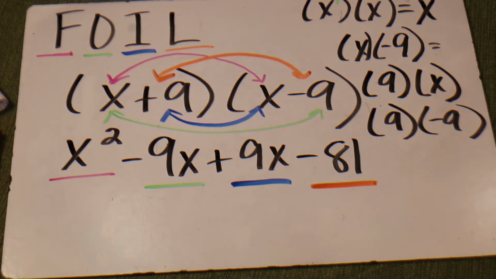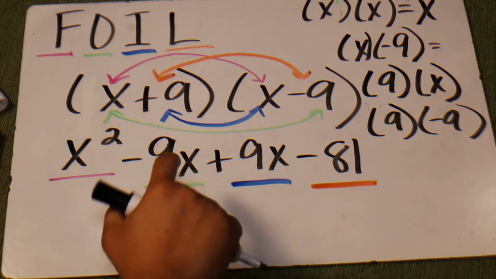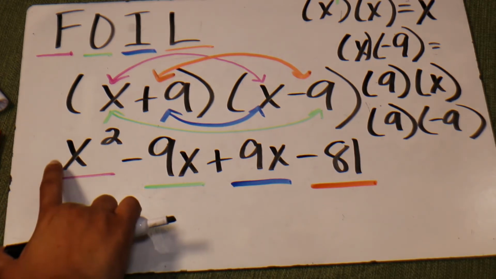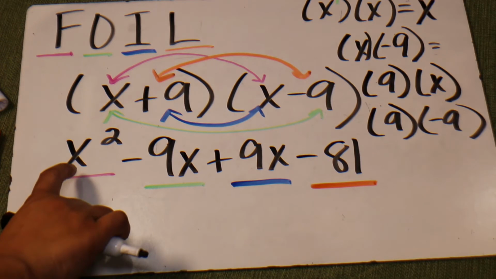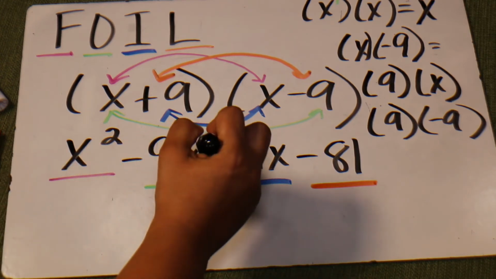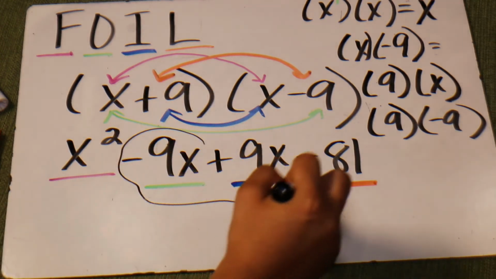A like term is defined as having the same amount of variables. Both of these terms have x's, and they have the same amount of x. You cannot combine this with that, because this has two x's, x to the second, and each of these has one x.